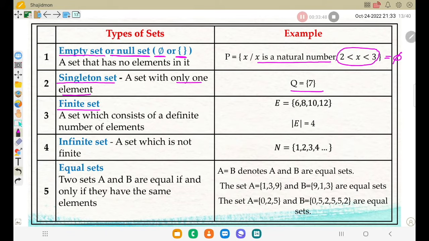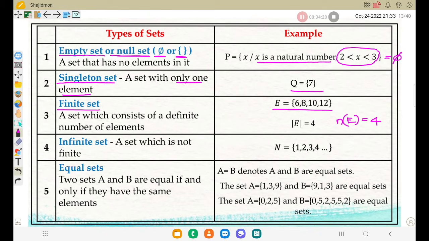For example, the set E = {6, 8, 10, 12}. How many numbers are there? 4 numbers. That means the cardinality of E equals 4, or the number of elements of E equals 4. So the number of elements of that set is finite, just a countable number. We can count how many numbers are there, so we call such a set a finite set.